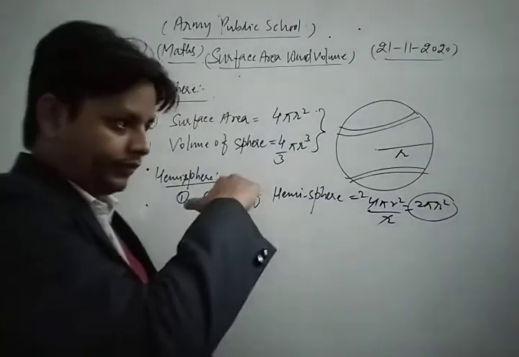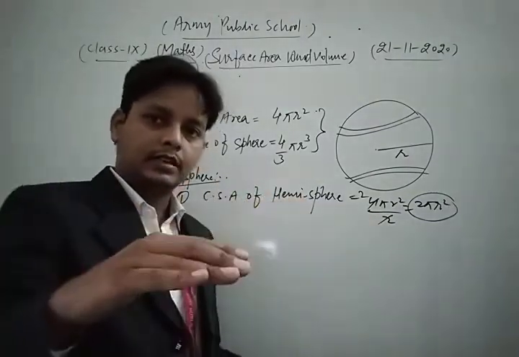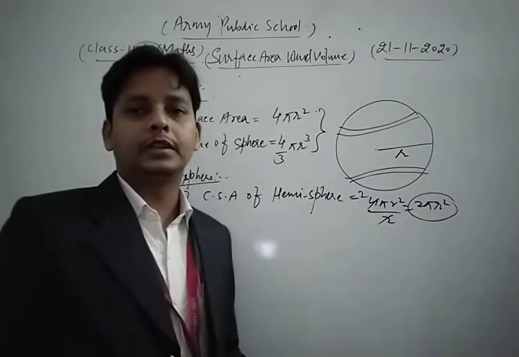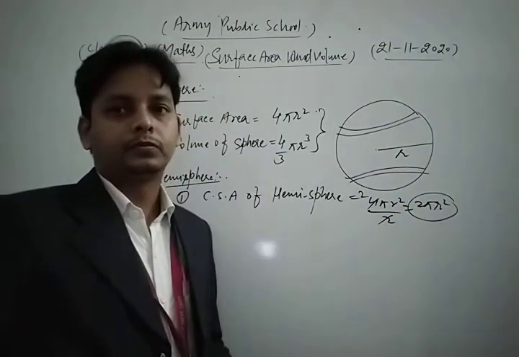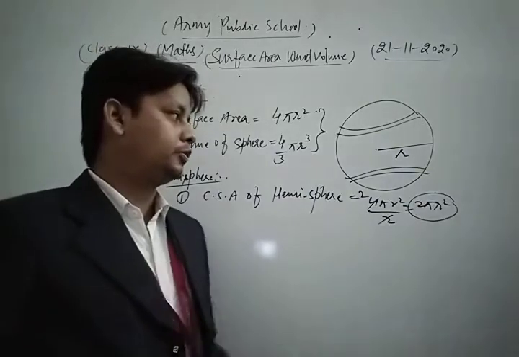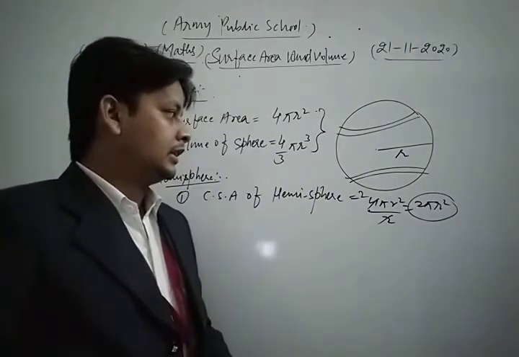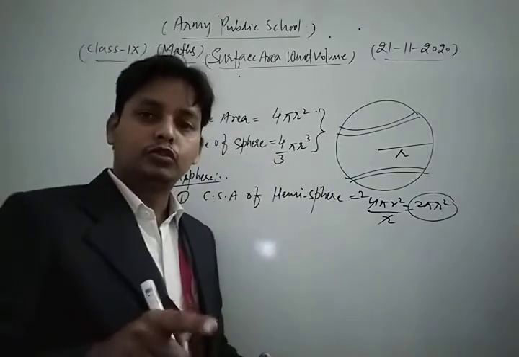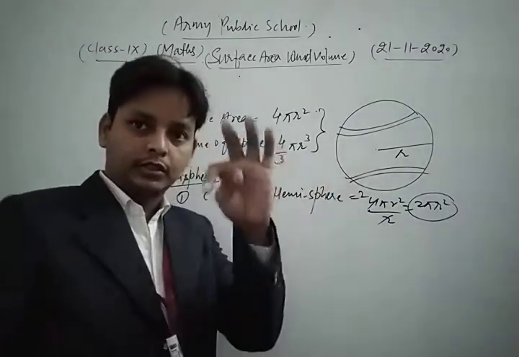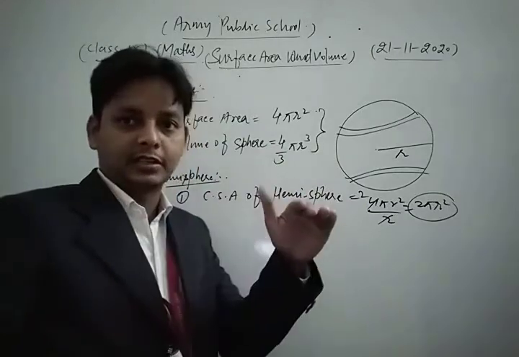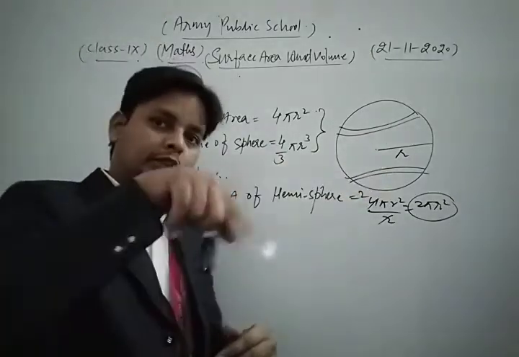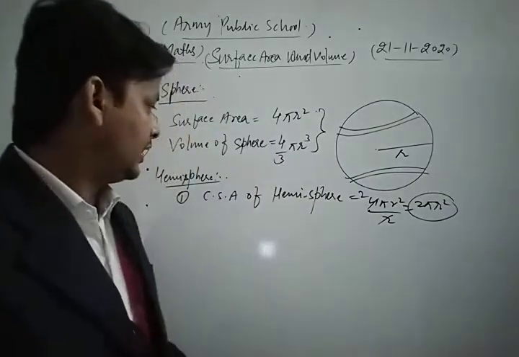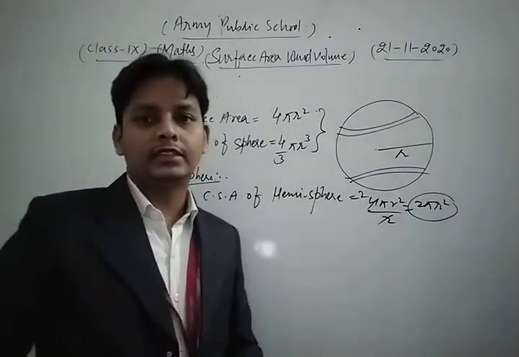But if the sphere is cut from the middle, then in that condition the total surface area of hemisphere is what? 2 pi r square plus the area of the top. Because 2 pi r is the circumference of the circle. If the hemisphere is cut from the middle, then the top portion is in the form of a circle, and then in that condition the area is pi r square.